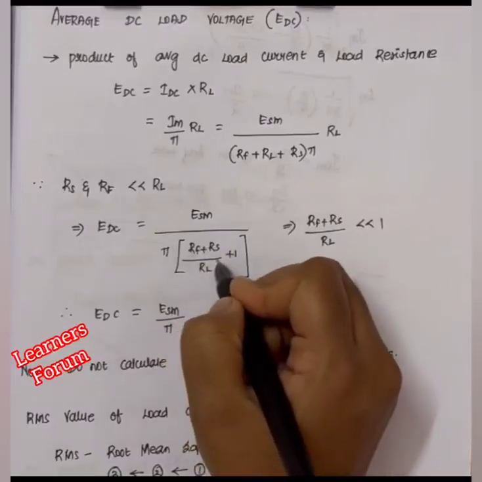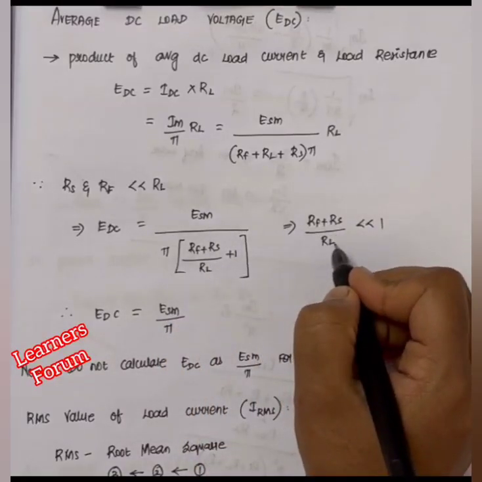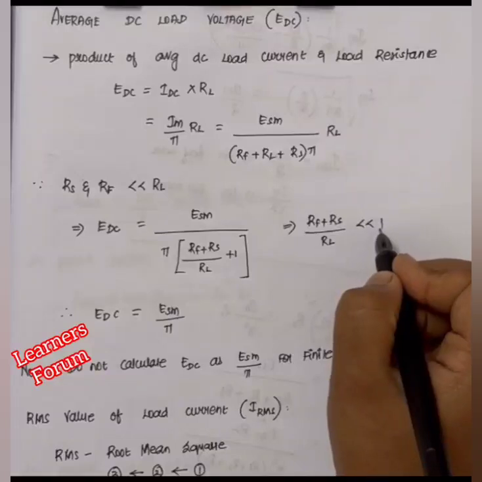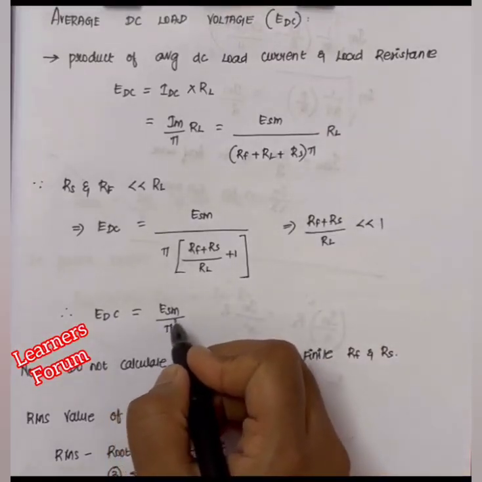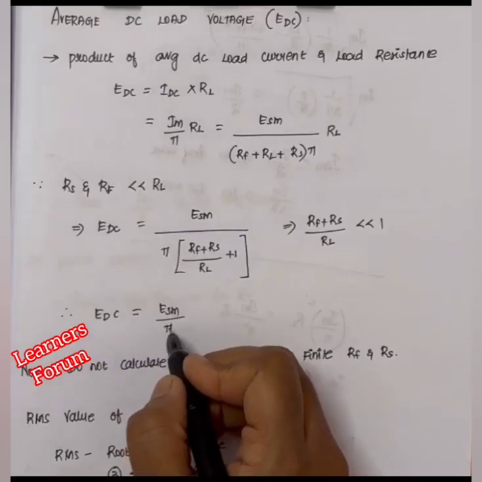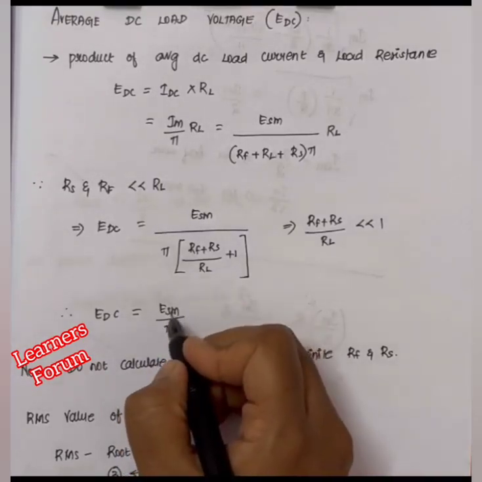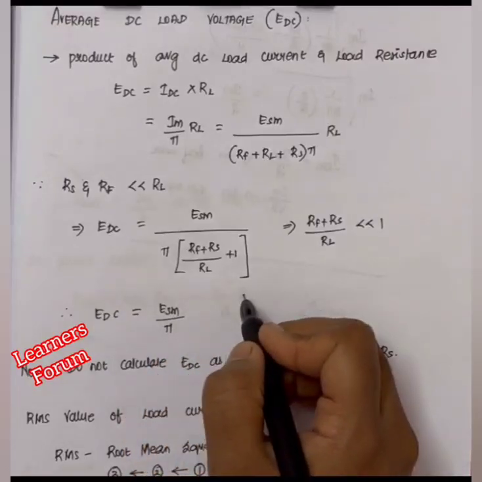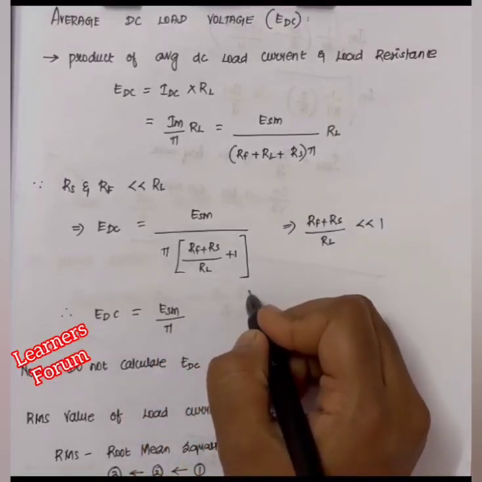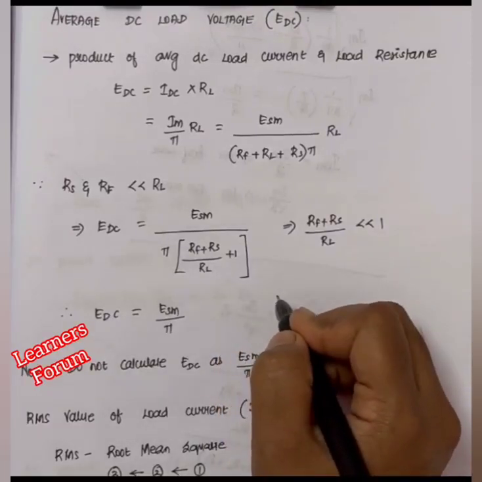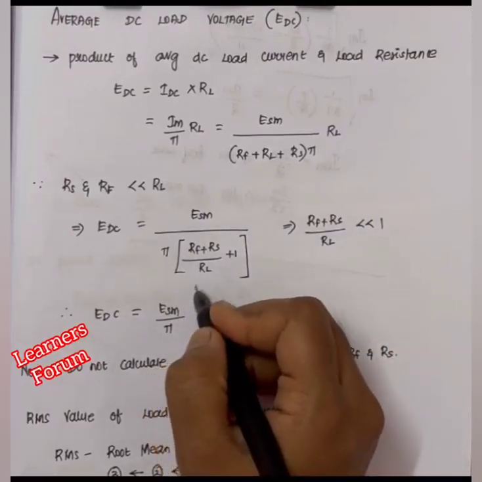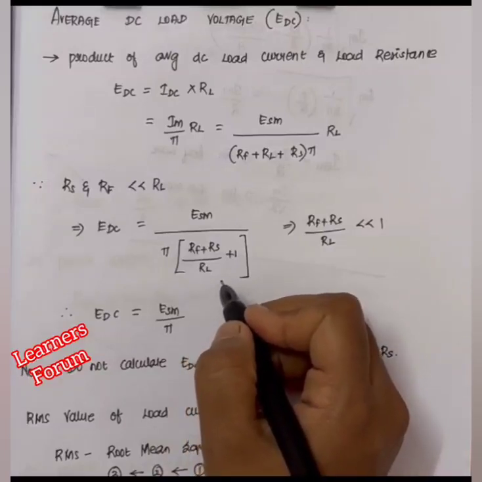This ratio of RF plus RS divided by RL will be very much less than unity, so we can simply neglect it and simplify the value as ESM divided by pi. So the DC load voltage is equal to the maximum peak value of the secondary winding ESM divided by pi, and the average DC load current IDC is equal to Im by pi. These are the values of DC load current and DC load voltage.